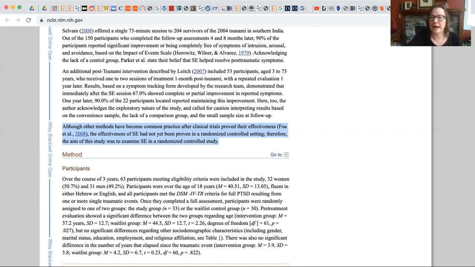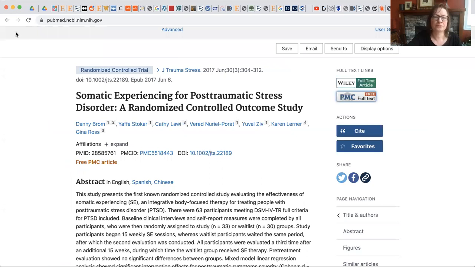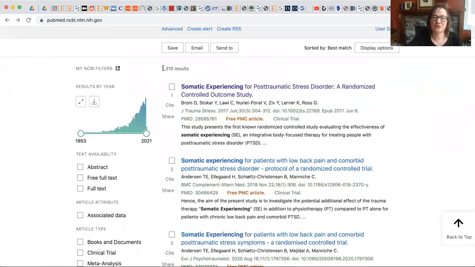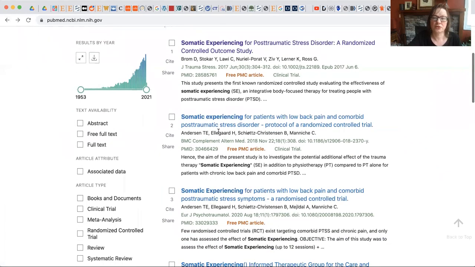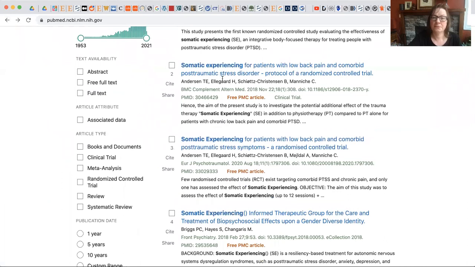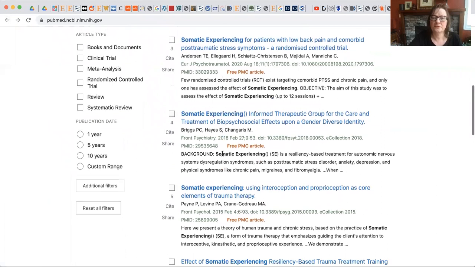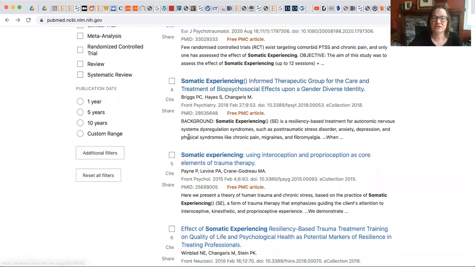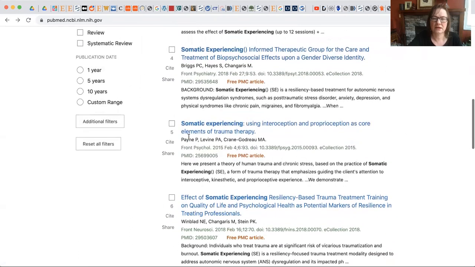So if I go back to my list here, I've got a lot of results, but they're not all about somatic experiencing. So here we've got low back pain, looking at the potential effects of this therapy. There's another low back pain, gender diverse gender. Okay.